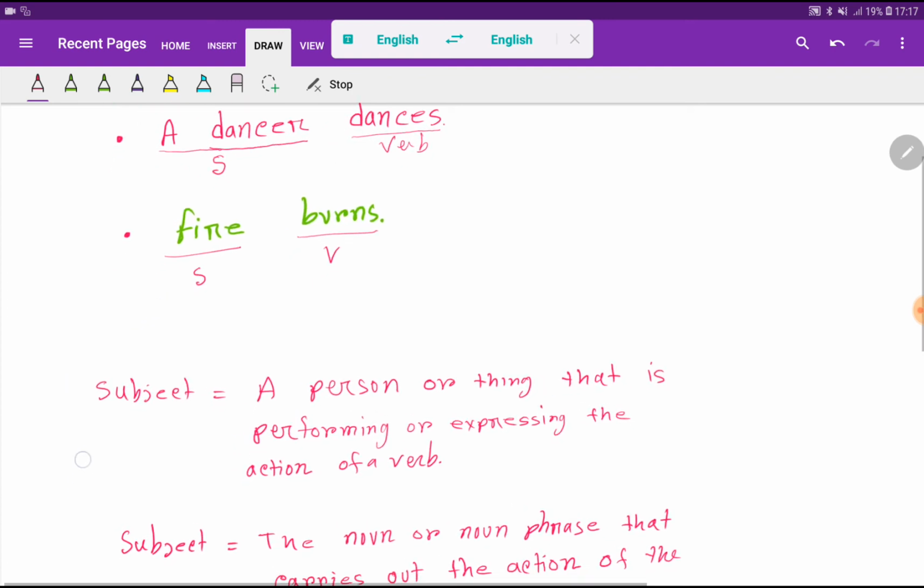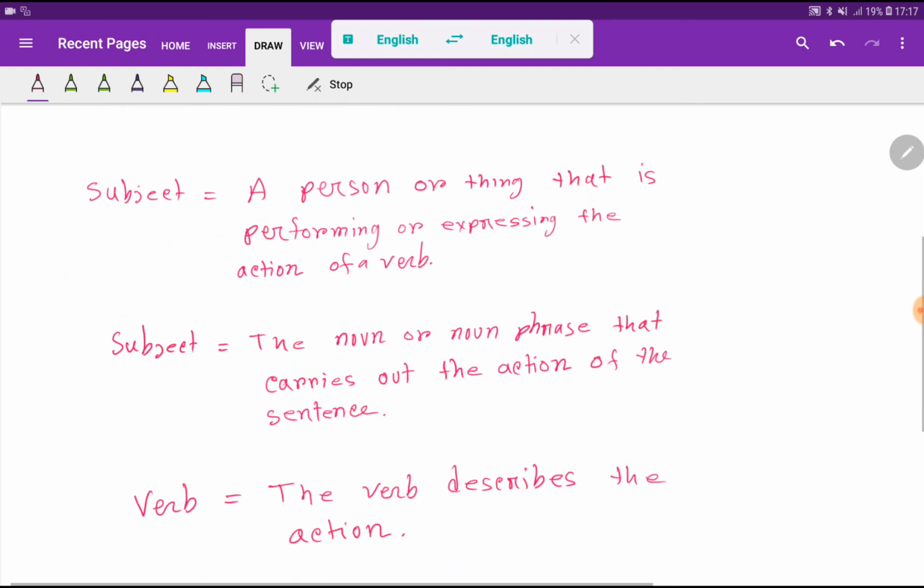So here is another definition of subject. Look, the noun or noun phrase. I will tell you about a noun phrase later. Okay, the noun or noun phrase that carries out the action of the sentence, right?